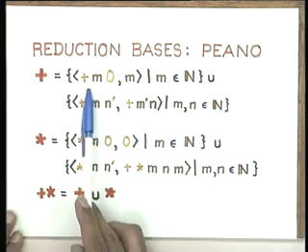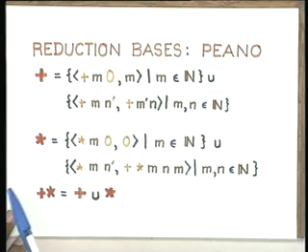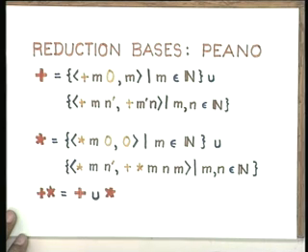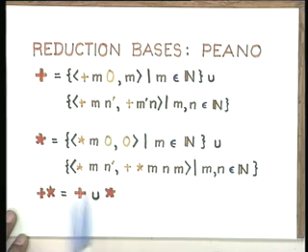I mean m plus 0 is essentially m for all m belonging to N, and m plus the successor of n is the successor of m plus n, and m multiplied by 0 is 0, m multiplied by the successor of n is the sum of the product of m and n, and m, right.